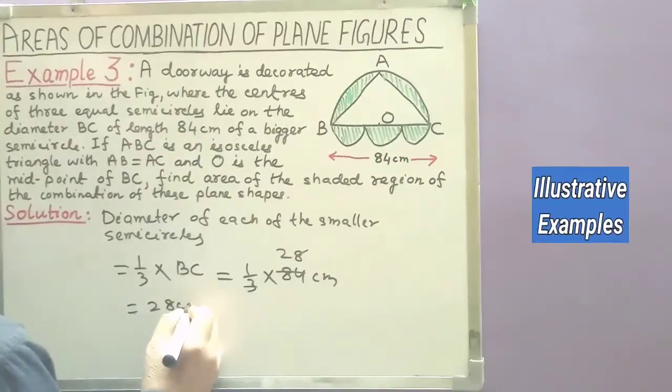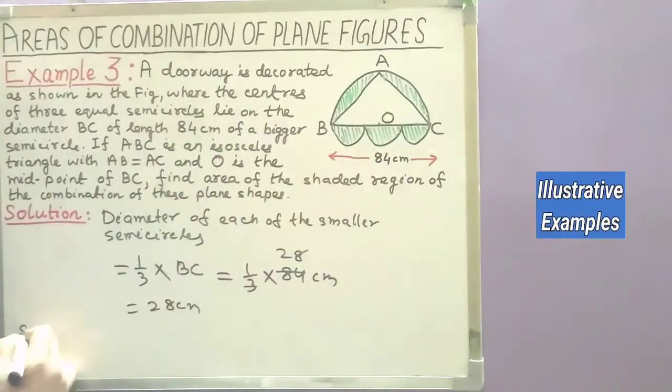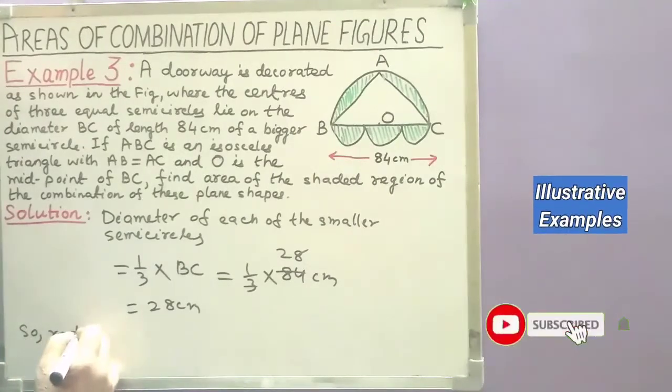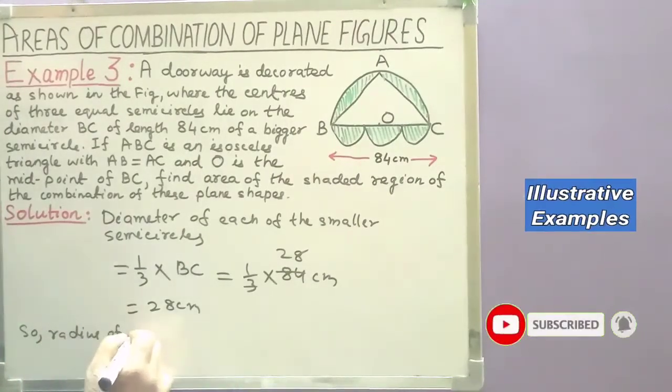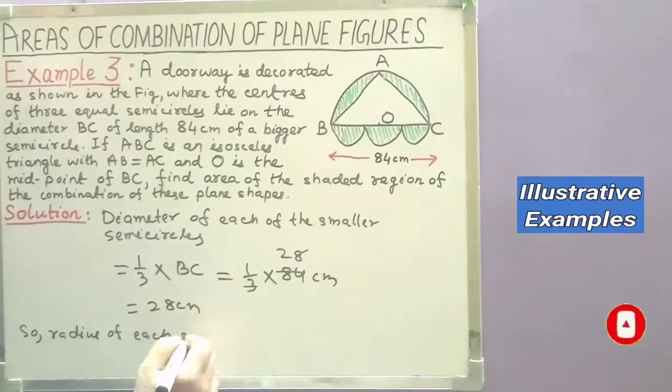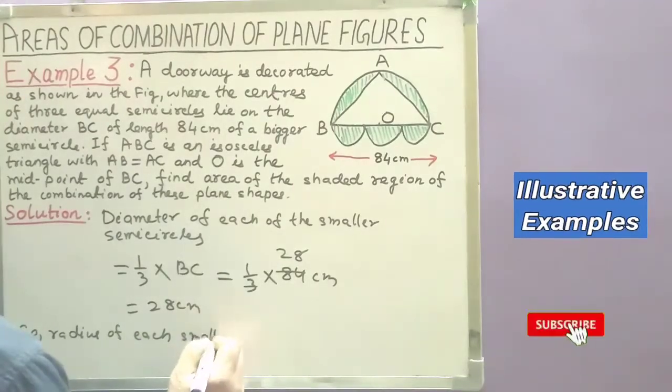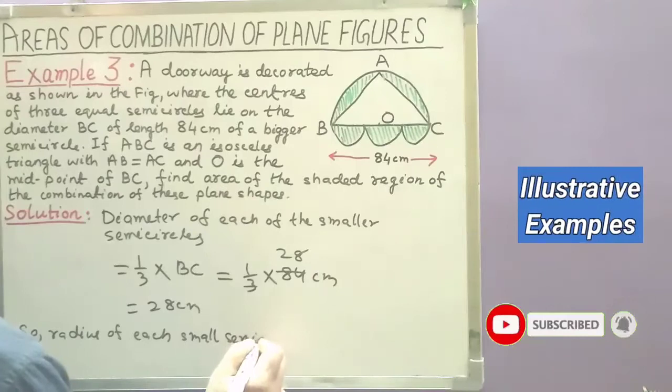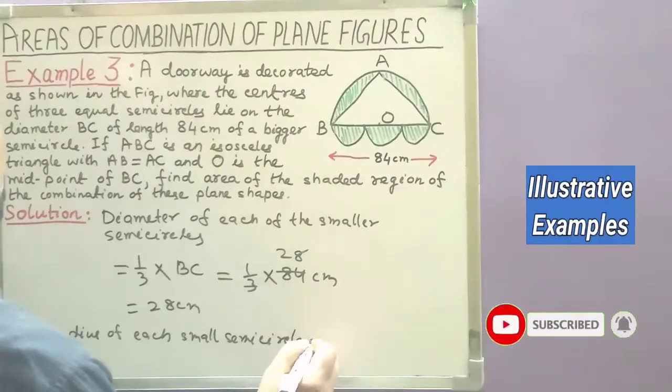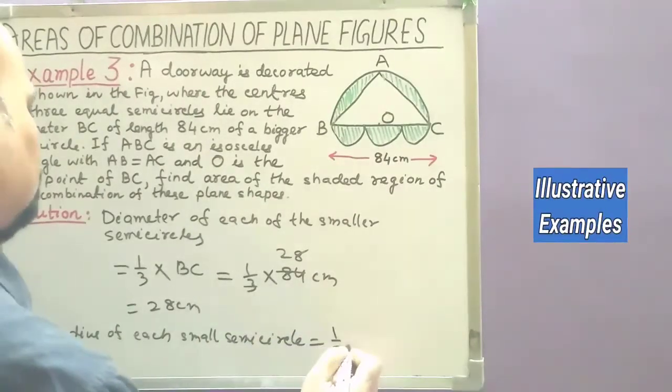On simplifying, we get 28 centimeter. So radius of a smaller semicircle equal to half of 28 centimeter, that equal to 14 centimeter.